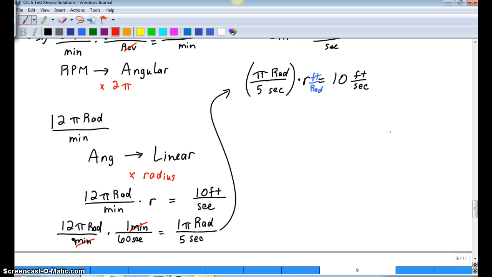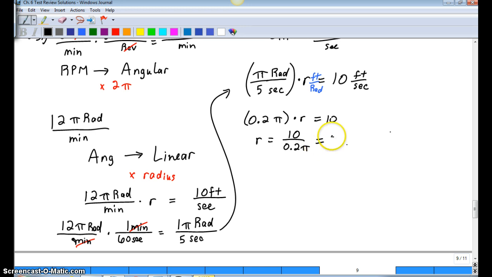So now that we know our units are going to cancel, 1 over 5 times pi, we're looking at 0.2 pi, okay, times r is 10. So r is equal to 10 over 0.2 pi.